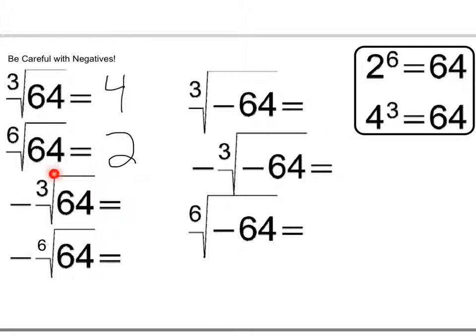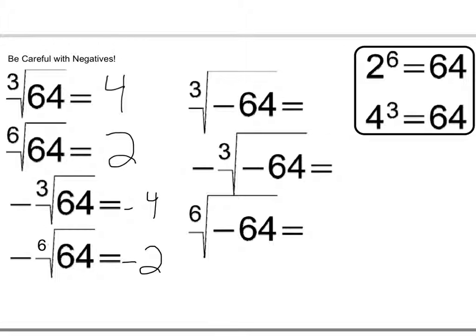So in this example, negative third root of 64, I first need to figure out the third root of 64, which I've already shown to be 4, and then just make my answer negative. Same thing applies for the second one. Negative the sixth root of 64, I've already shown that the sixth root of 64 is 2, and then I just make my answer negative. Those 4 don't pose any type of an interesting problem for us.